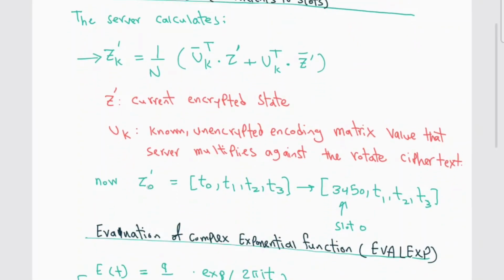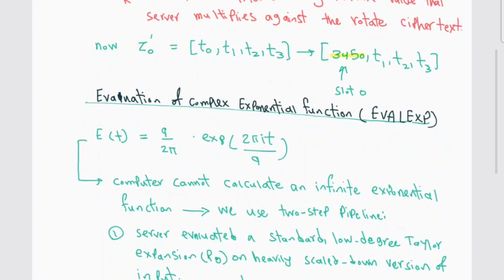The whole thing to consider is that Z prime is where I put the value of the hidden message inside this vector. So you see now 450 comes here. Next, I have to do an evaluation of the complex exponential function, and this is the formula for that.